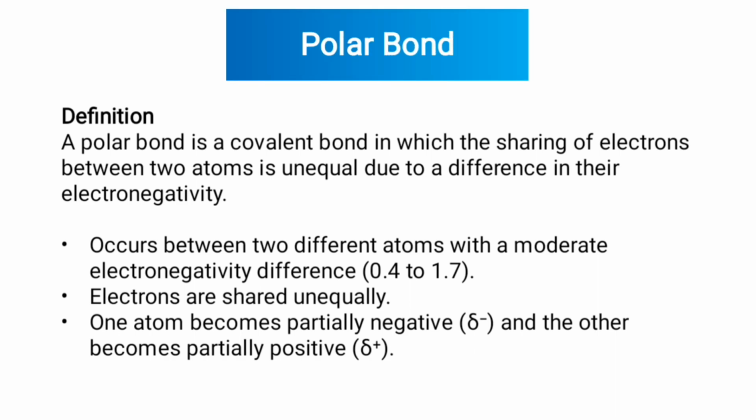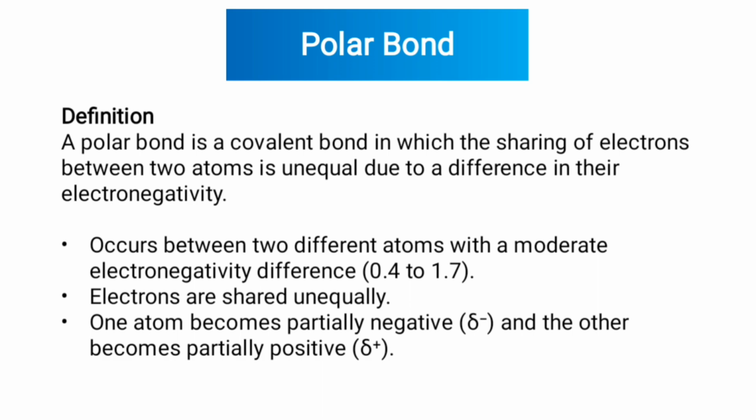So, what is a polar bond? My dear student, a polar bond is a covalent bond in which the sharing of electrons between two atoms is unequal due to a difference in their electronegativity.